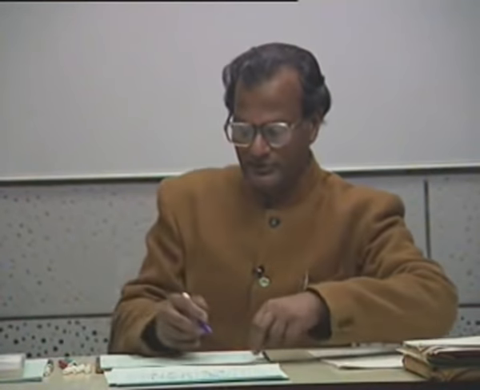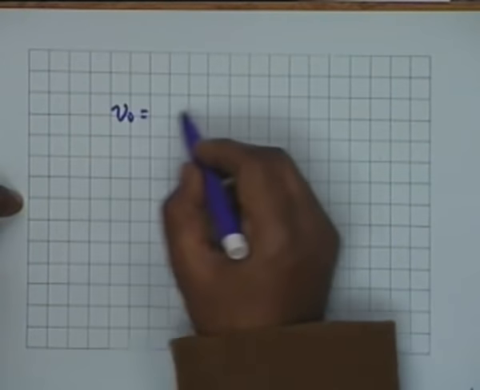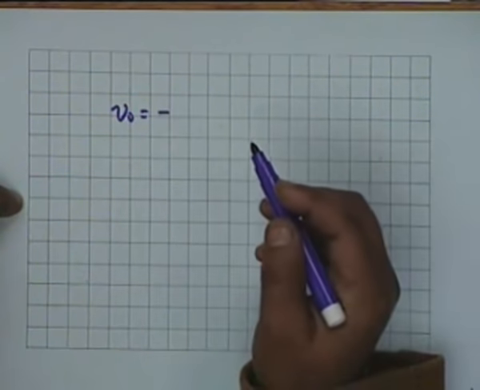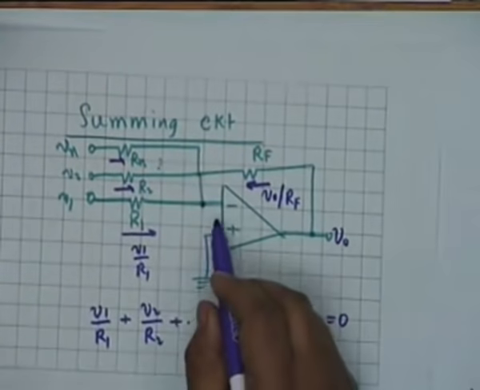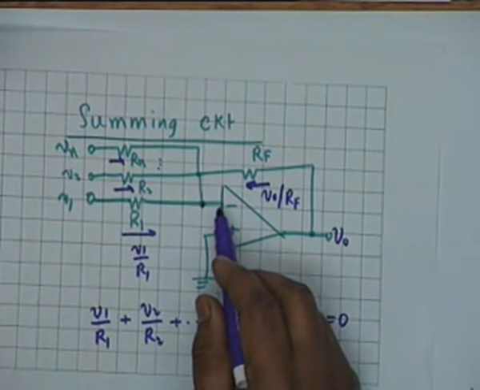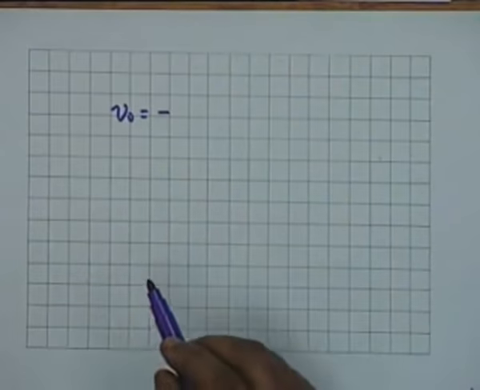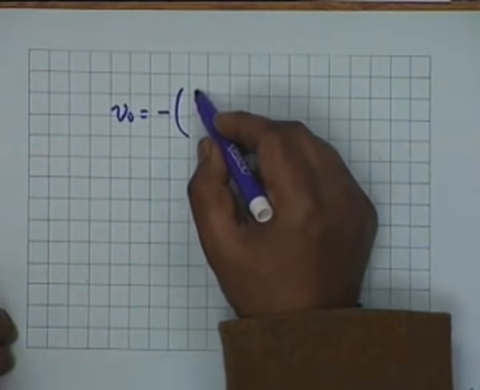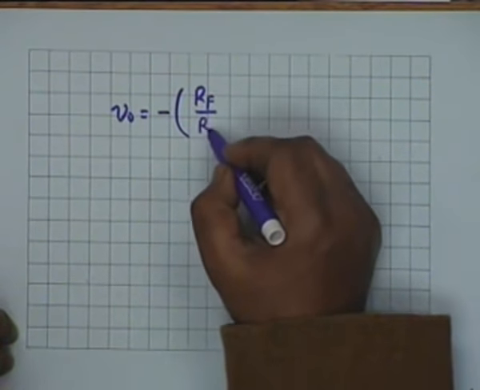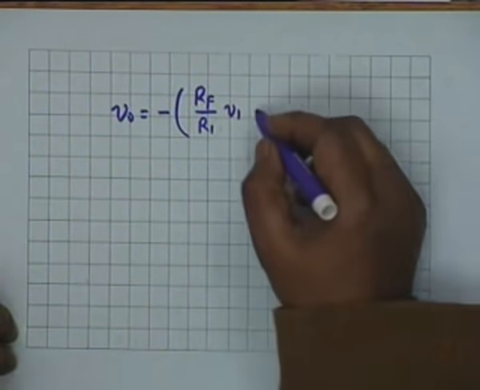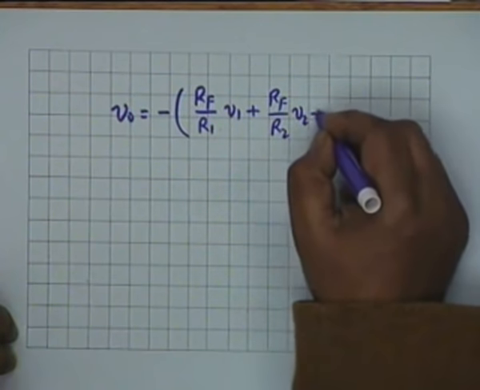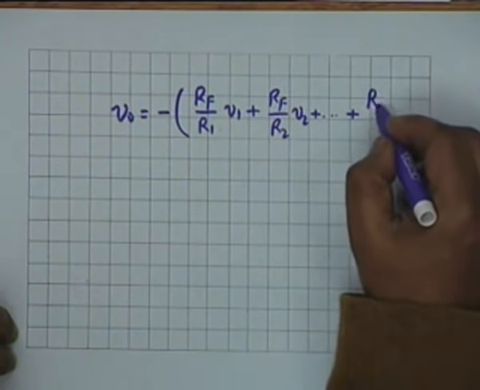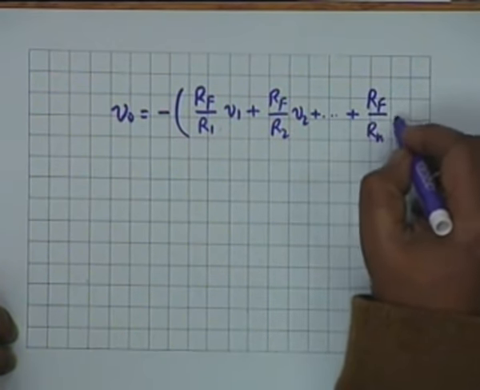Simple algebra shows that the output voltage V0 is equal to minus, there is a negative sign. Why is the negative sign? That is expected because you are applying to the inverting terminal. Negative sign, then you have Rf divided by R1 times V1 plus Rf divided by R2 times V2 and so on up to Rf divided by Rn times Vn.